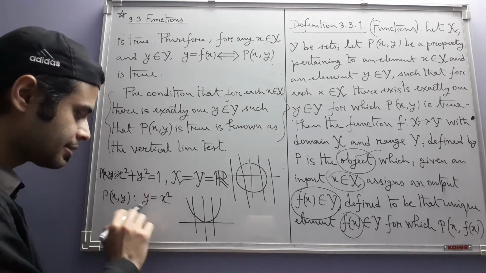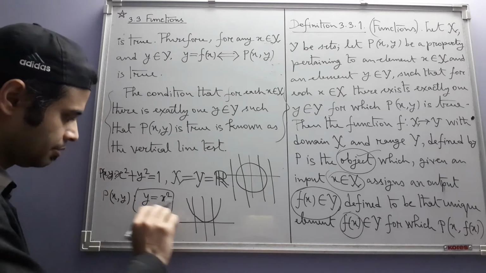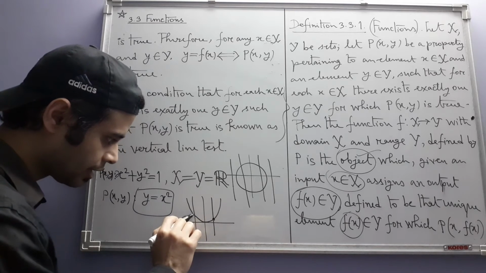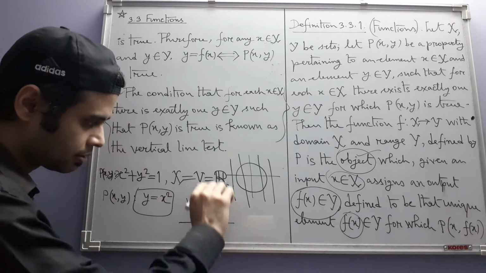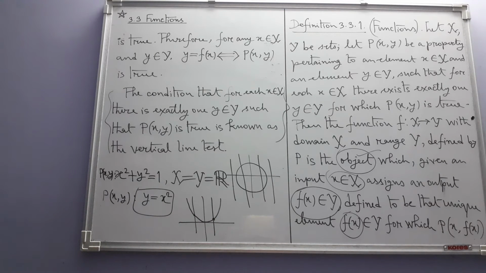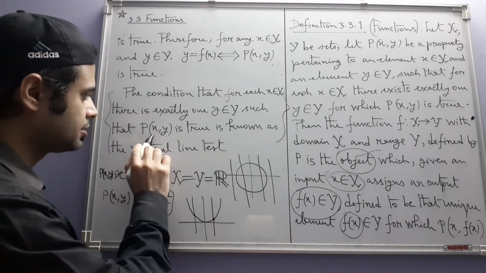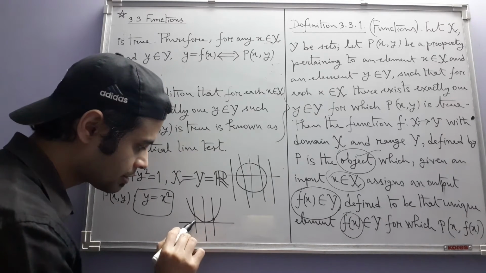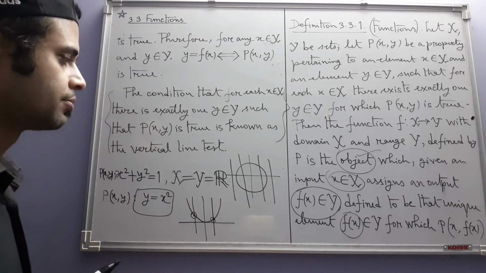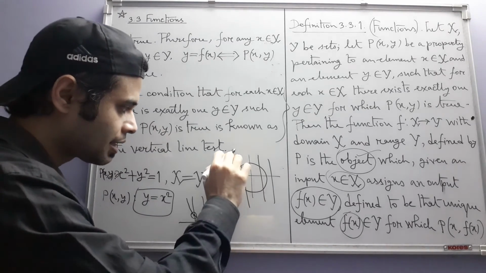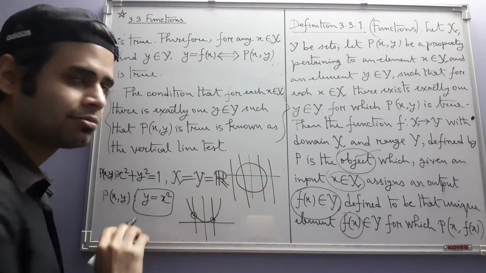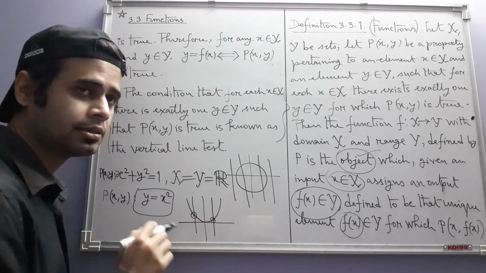You see, in the second case, in case of this P, any vertical line is intersecting the graph or the figure at exactly one point. So this is the vertical line test. So what it means is just simply this: for every x, there is exactly one y for which P(x, y) is true. Here, however, some vertical lines do not touch the figure at all. That is fine, there is no problem with that.